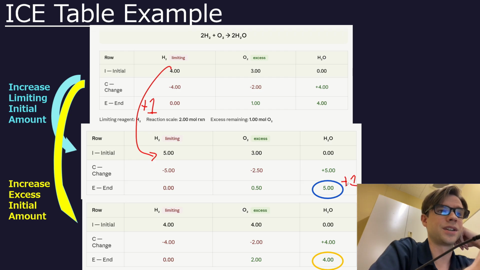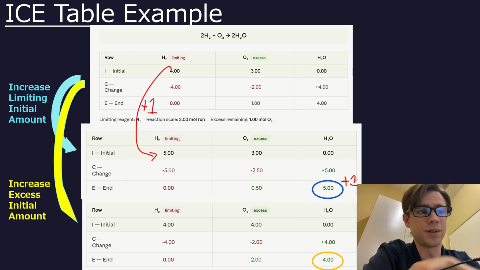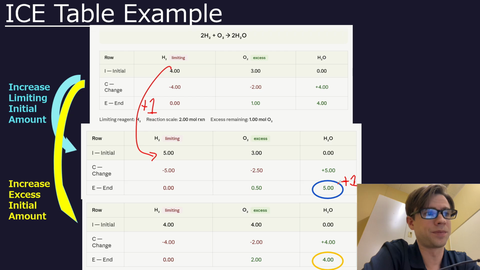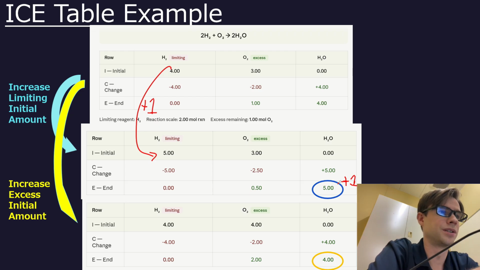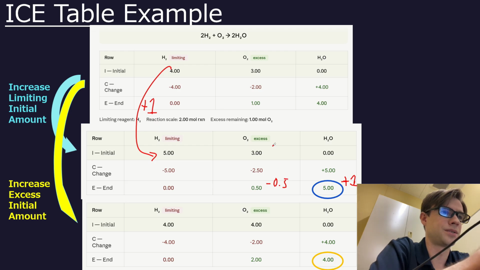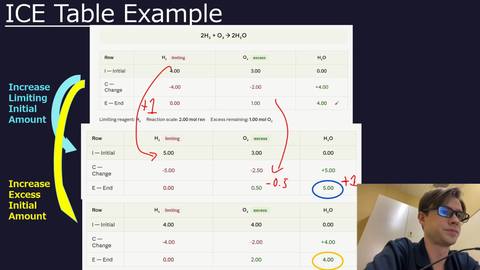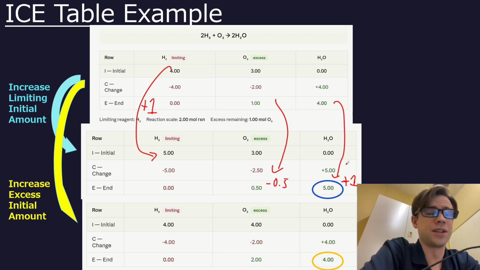So the key here is that if you increase the amount of your limiting reactant, you will also increase the amount of products and the amounts of other reactants consumed, compared to here. This is down, this is up. So changing the amount of limiting reactant can really change how much other things are consumed and produced.